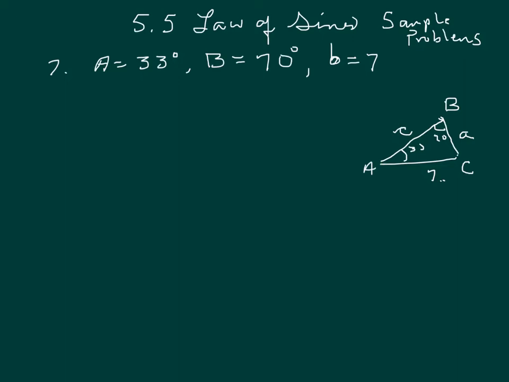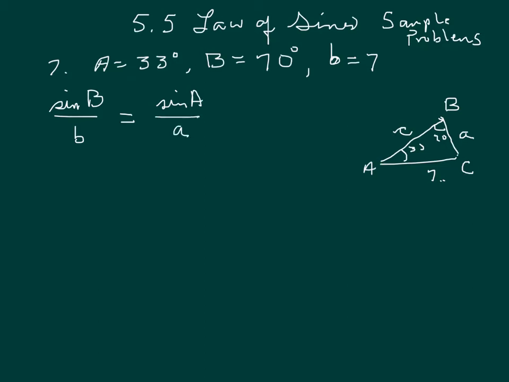Now, from the law of sines, we know that sine B over b, and those are the two things we know, so start with what we know, is equal to sine A over a.